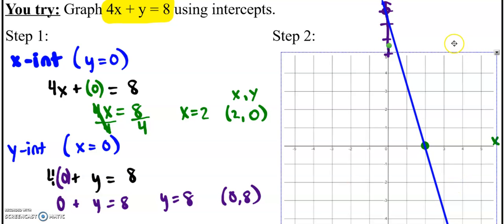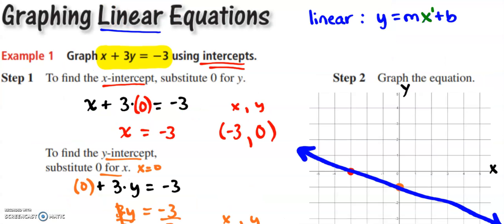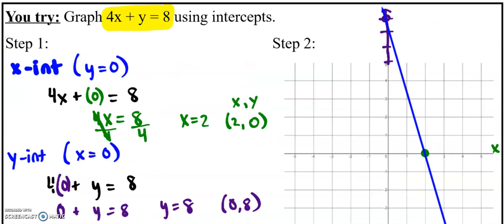One comment I will make is that this line and the last line both had negative slopes. The last one had a slope of -1/3. What about this one?